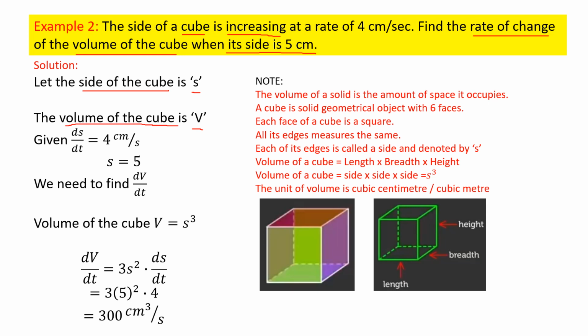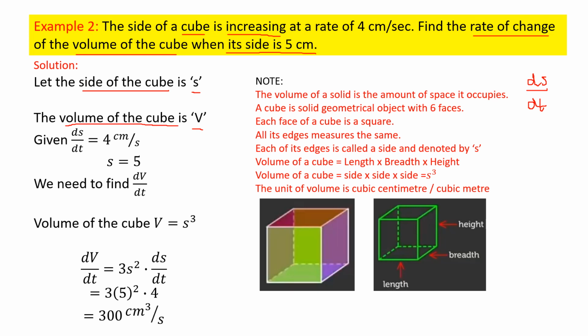That means the side of the cube is getting increased. So we denoted the side of the cube as S, so I can write dS. And as I told you before, if the second quantity is not given, we are always taking the second quantity as the time. So I will take dS by dt.